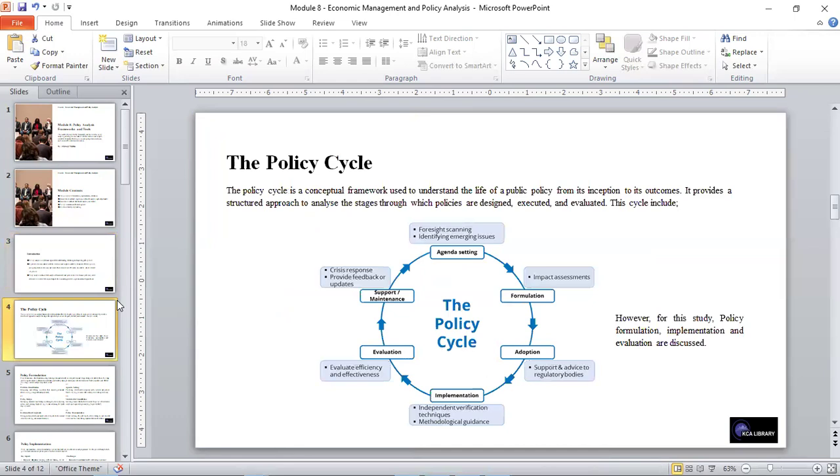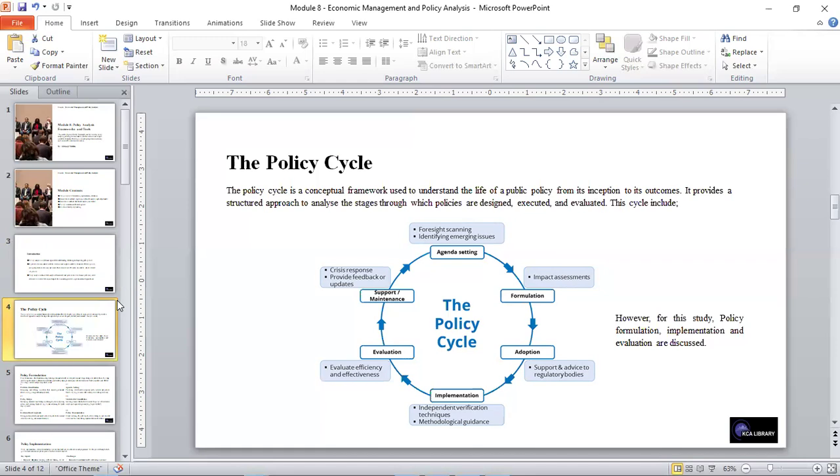Looking at the policy circle, a policy circle is the conceptual framework used to understand the life of a public policy from its inception to its outcome, and it provides a structured approach to analyze the stages through which policies are designed, executed, and evaluated. The circle is actually not limited to the three that we'll be discussing.